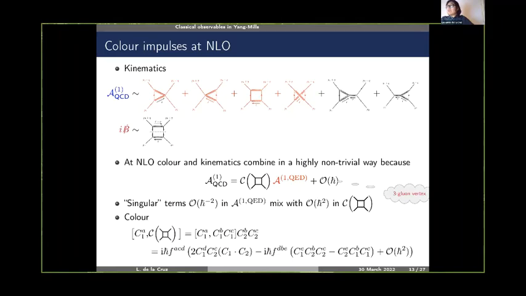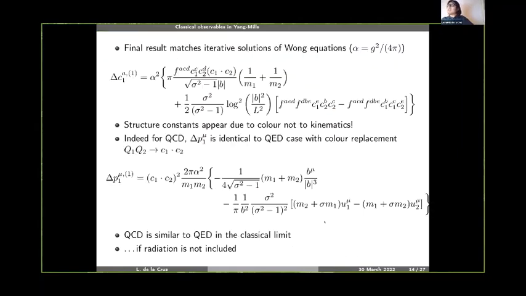So you have to be careful in doing these manipulations when you do the classical limit for Yang-Mills, due to this non-trivial interplay between color and kinematics. But if you are careful enough, then you can obtain an expression for the observable that looks like this. This is a calculation that we did recently with Andres and Trevor Schopner.